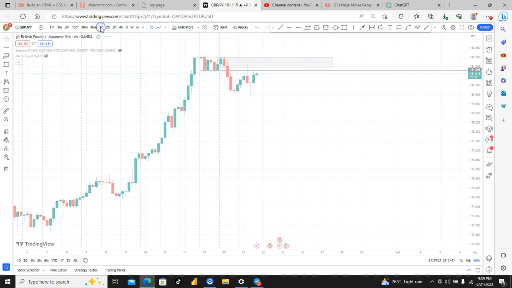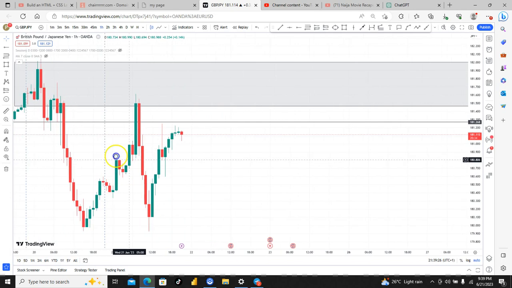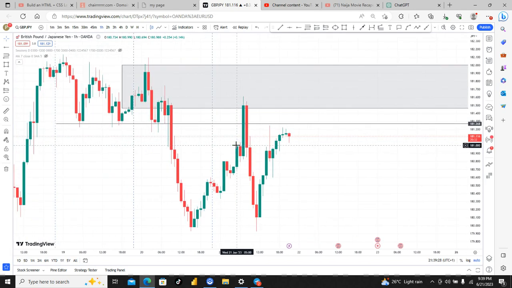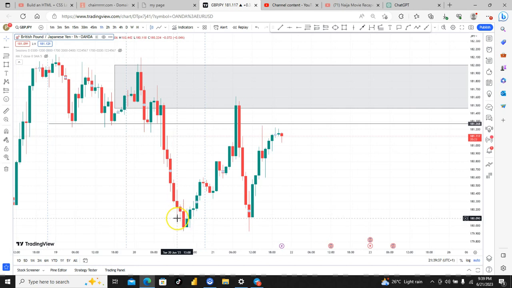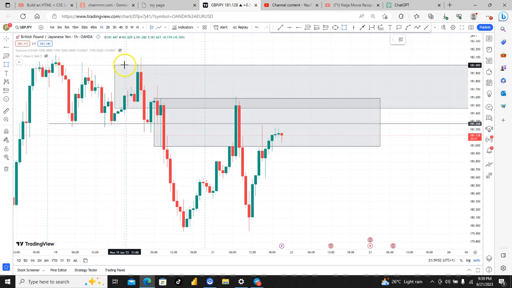So I go back to the hourly time frame. As you can see, there's a lot within this zone, this point to this point. Mind you, the market was around this region. Telling me the nearest order block for this trade to take place, I mark out my order block on the hourly time frame, which is this and this.